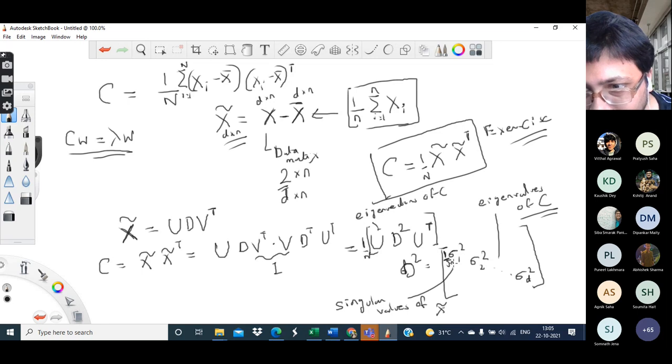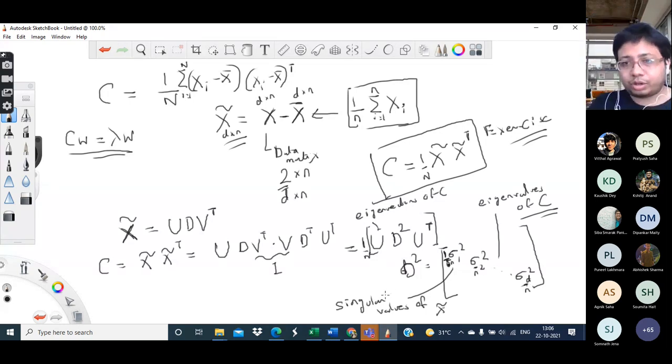So if I know the singular values of x tilde, I can just square them and divide them by n, and they become the eigenvalues of C. That is exactly what I want.